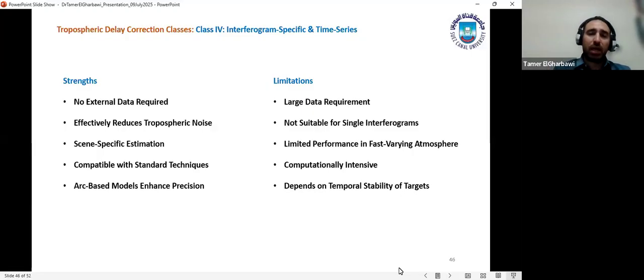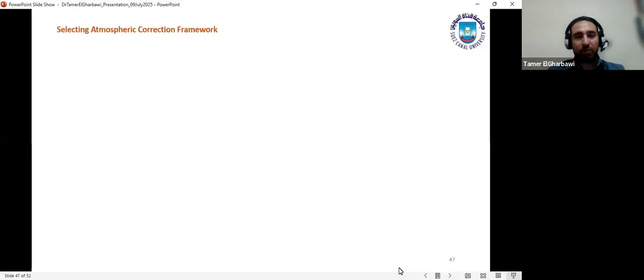In order to filter out the atmospheric delay that is temporally uncorrelated, we need a lot of images. It is not suitable for a single interferogram. The performance is limited with vastly varying atmospheric delay. It is computationally intensive, and it mainly depends on the temporal stability of the target. If the pixel has low coherence, it will not perform as well.